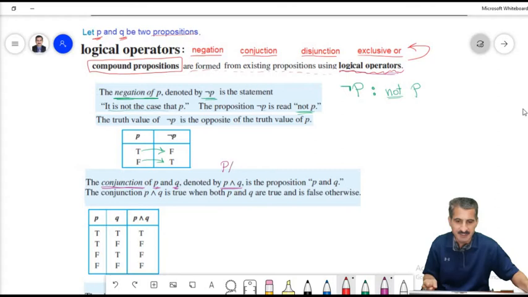P and Q. That's the way we read it. This statement simply says this conjunction is true when both P and Q are true and false otherwise.